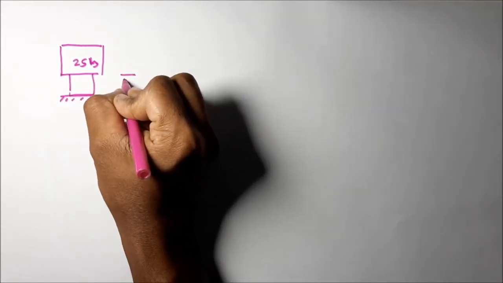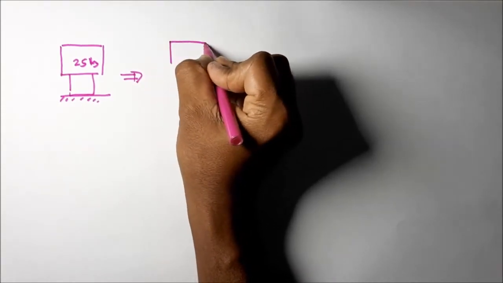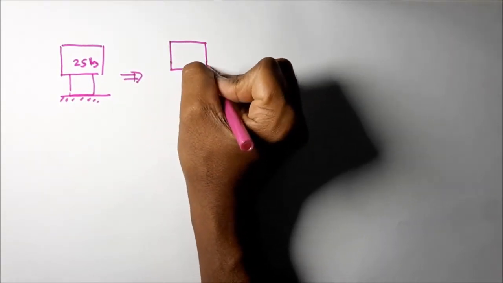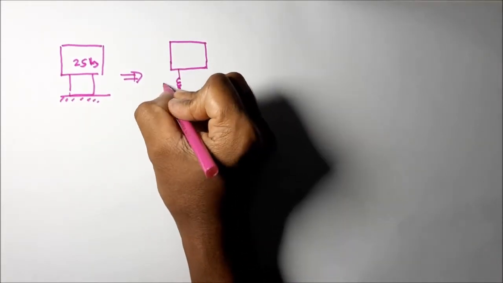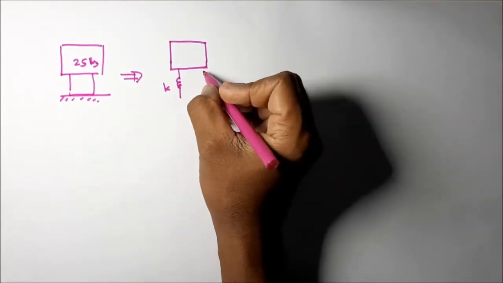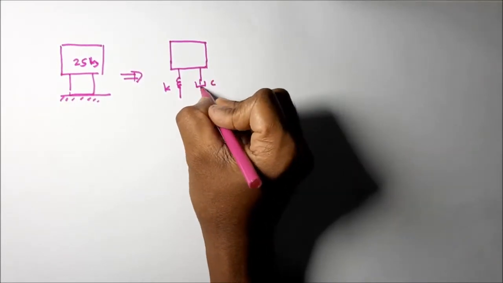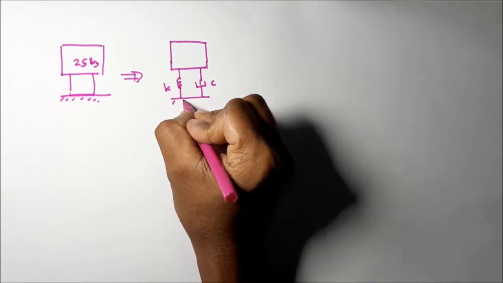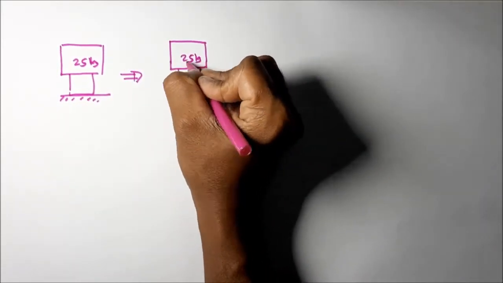Then we can draw the equivalent system, representing this elastic foundation's stiffness by a spring k. Its damping property we represent by a damping coefficient c. So this is the equivalent system for this foundation.